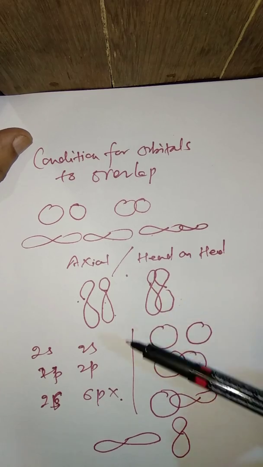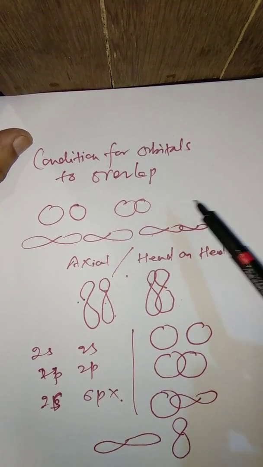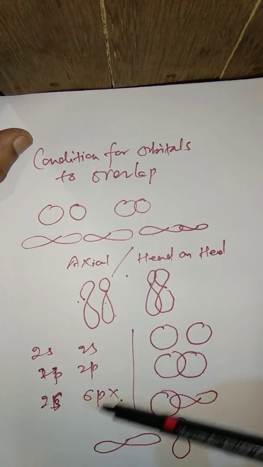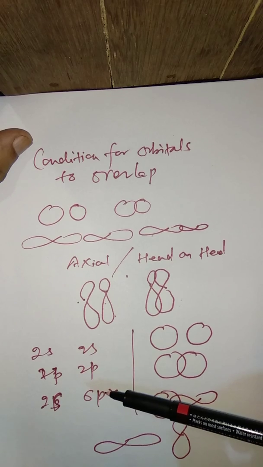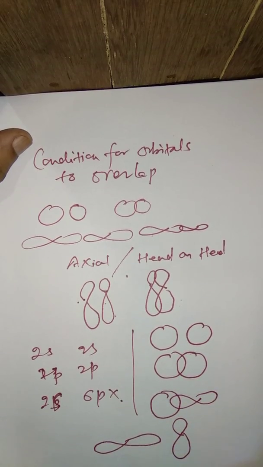So that is the condition for orbitals to overlap. Number one, they must have almost the same energy level. Secondly, there must be symmetry in the orbitals that overlap.